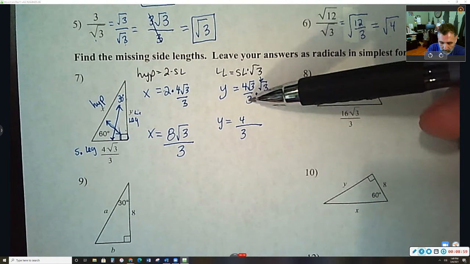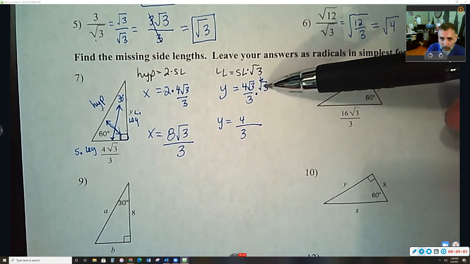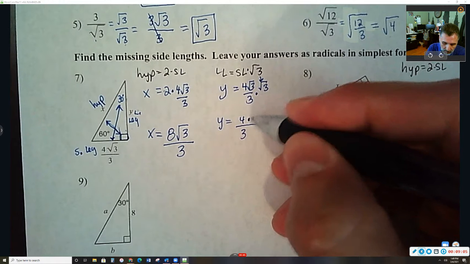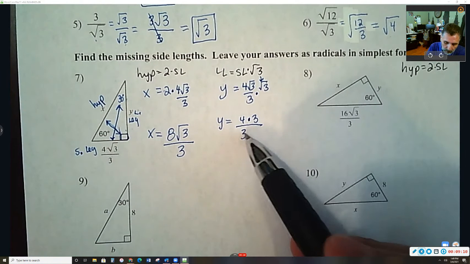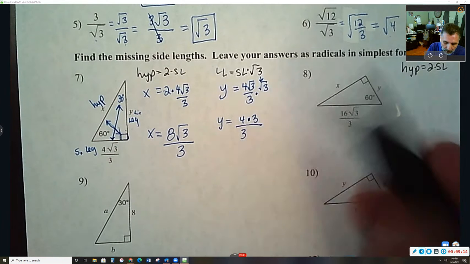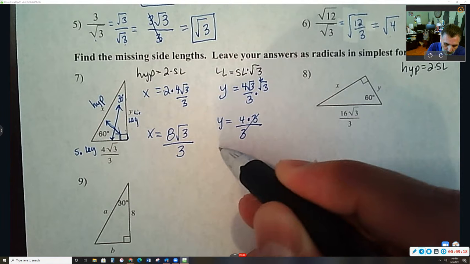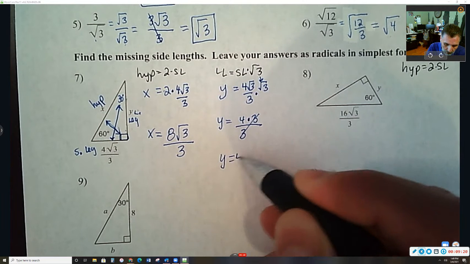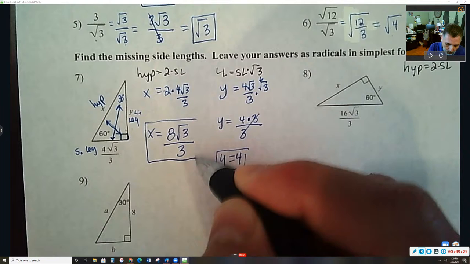The 4/3 just comes straight down. But that square root of 3 times that square root of 3 is 3. So then you have a 3 in the numerator, a 3 in the denominator. You could multiply and then divide, but I would just like to say, hey, there's one on top, one at the bottom. So there's your answer, y equals 4. And that's the answer for number 7.